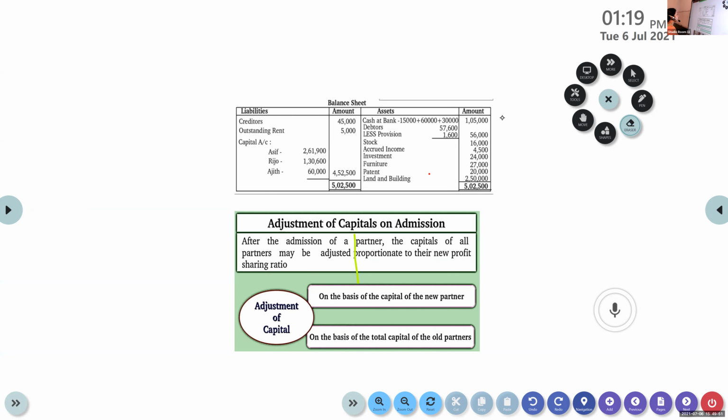Now the capital. Where is this capital from? From the capital account. We prepared the capital account. The balancing figures of the capital account give these amounts: 2,16,900, Rijo 1,30,600, 60,000. All these are from the capital account.